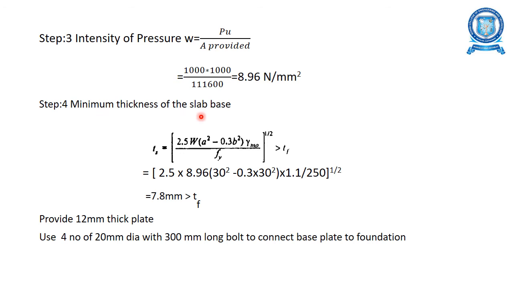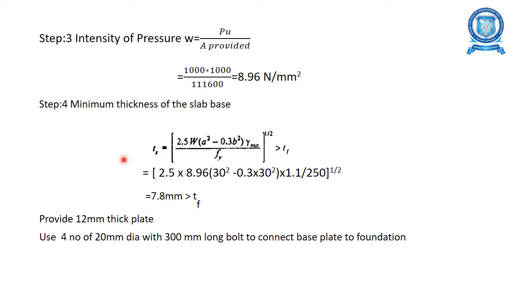So minimum thickness as per Codal provision: thickness of slab base ts is equal to the square root of 2.5 into intensity of earth pressure W, into projection a square minus 0.3 b square, into gamma m0, divided by yield strength Fy. That value should be greater than or equal to the thickness of the compression flange member.